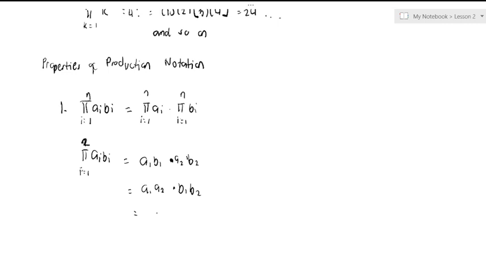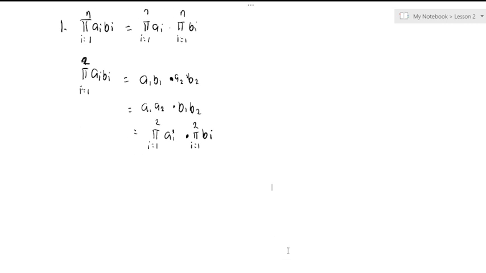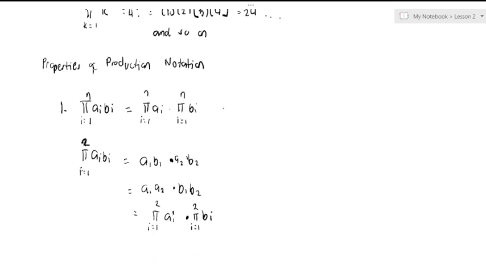And this is equal to product of a sub i, i equals 1 to 2, times product of b sub i, i equals 1 to 2. Okay? So next, let's have number 2. We have the product of k where k equals 1, 2. No. Let's make it i. So, ito yung pinagkaiba nung kaninang ginawa natin.